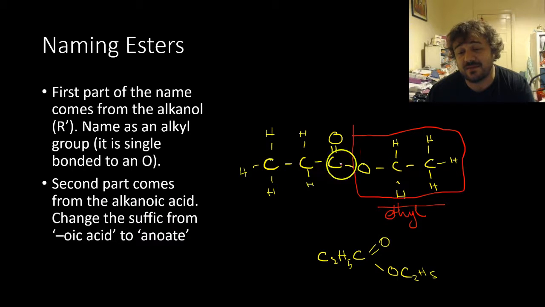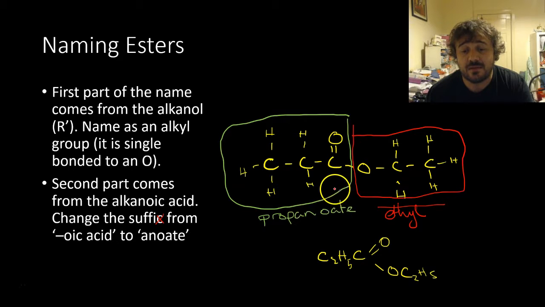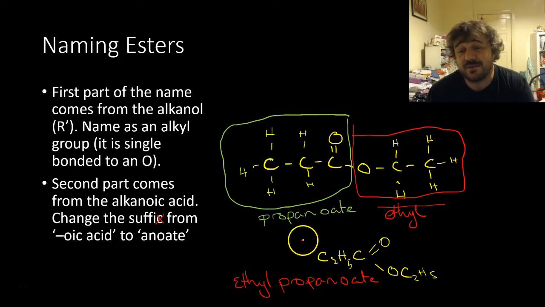That's this section. And you change the suffix from oic acid, so that would be propanoic acid. You change it from propanoic acid to propanoate. So it's ethyl on this side, propanoate. That means this chemical is called ethyl propanoate.